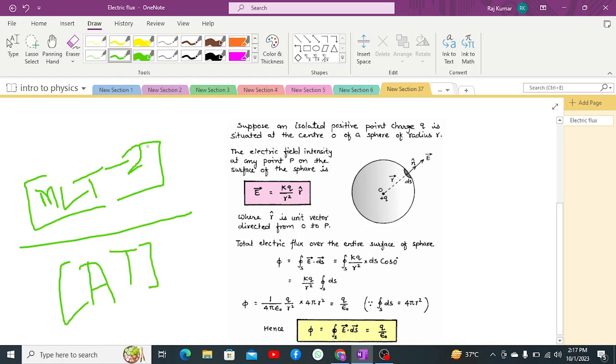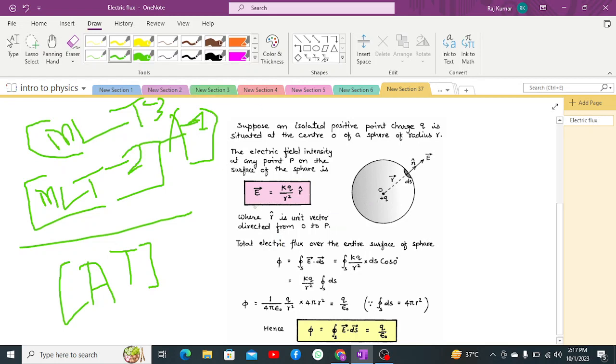The dimension of force is MLT minus 2, and the dimension of charge is AT, so the dimension of electric field intensity is MLT minus 3 A minus 1.